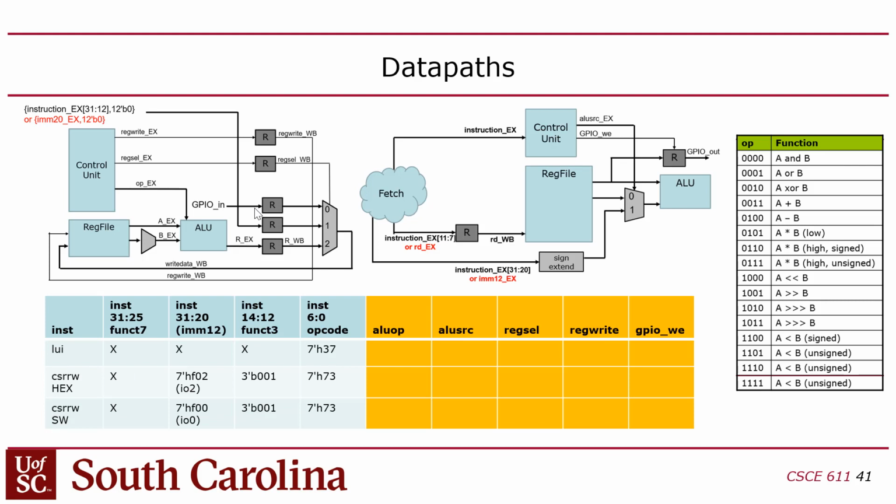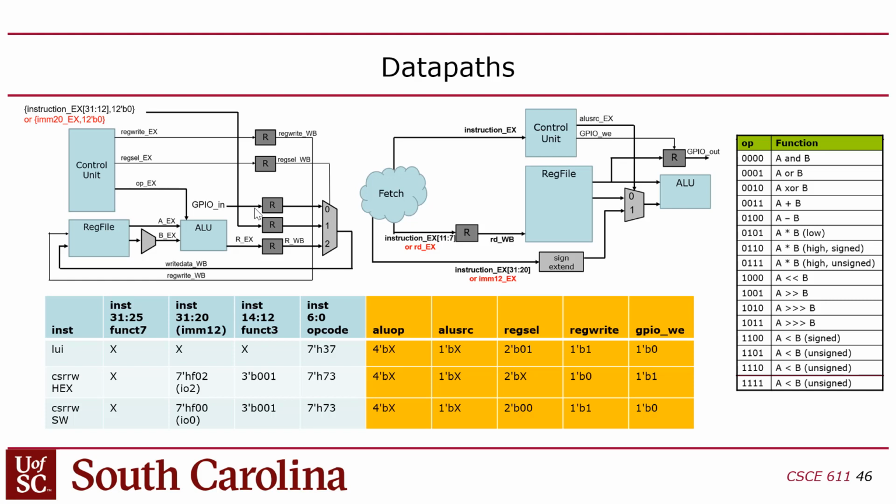So the immediate field for these CSRW instructions is either 2 or 0. If it's 0, then I need to select the appropriate ALU source, which is input 0. So where's that at? Input 0, that's the reg select. And I set reg write to 1.